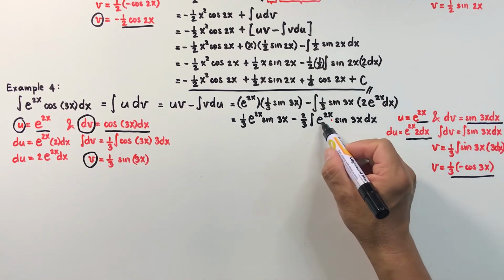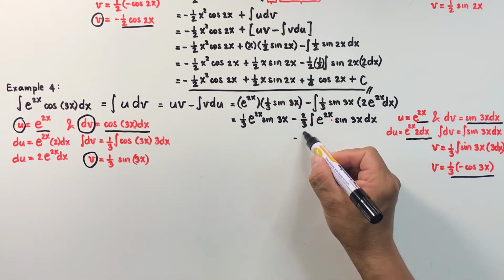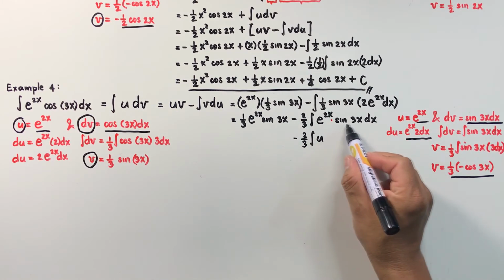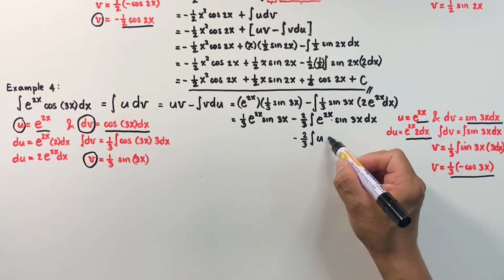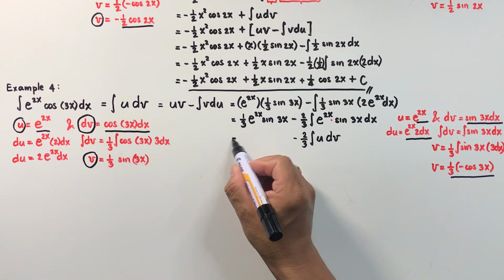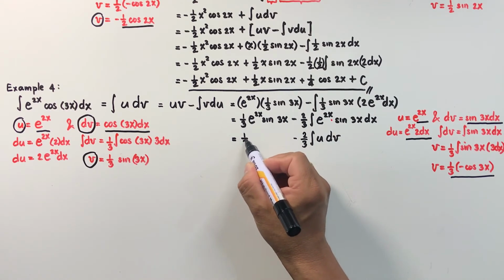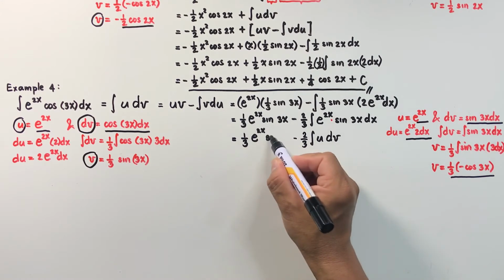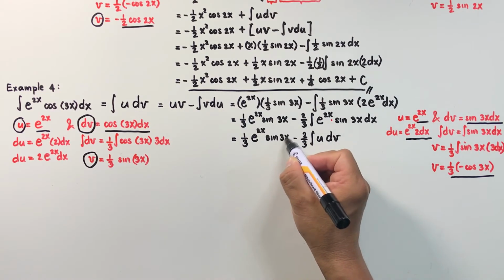So instead of writing e to the 2x, we write u, and instead of writing sine 3x dx, we will write dv. And of course, you still have this part of your answer, which is 1/3 of e to the 2x sine 3x.